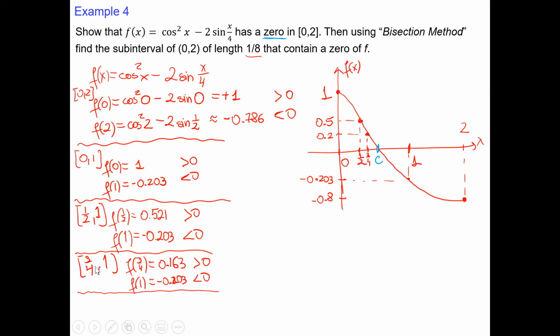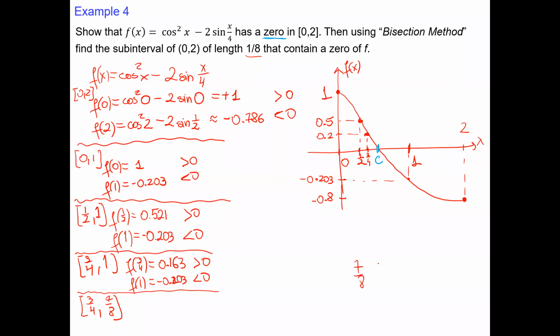And I think I put 7/8. Yes, because this is 3 quarters, and then 7/8.